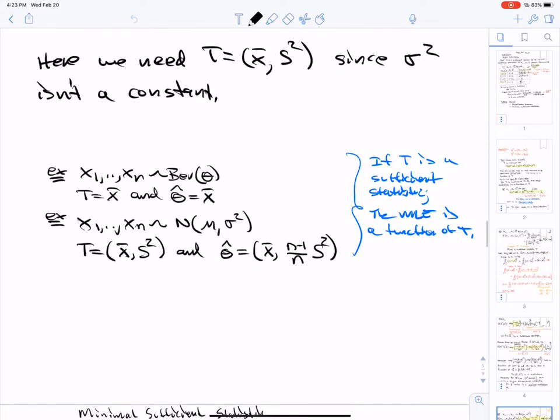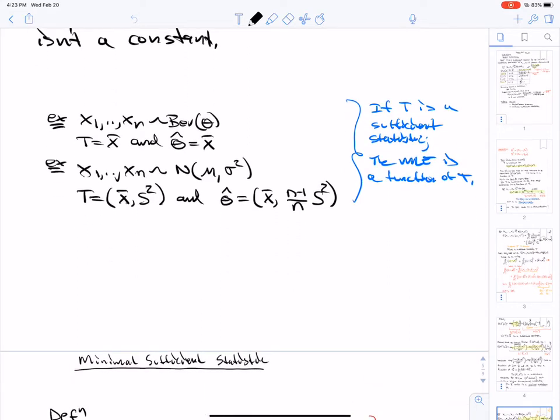So what we can see from this last example is that with x1 to xn normal mu sigma squared, that T, x bar and s squared, is in fact sufficient. So that is a statistic, and the MLE is a function of that sufficient statistic.